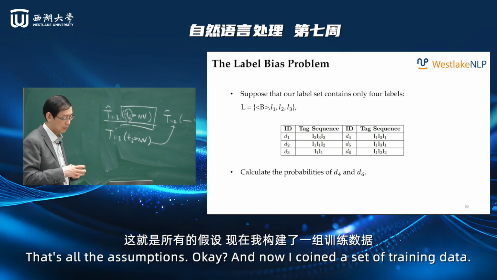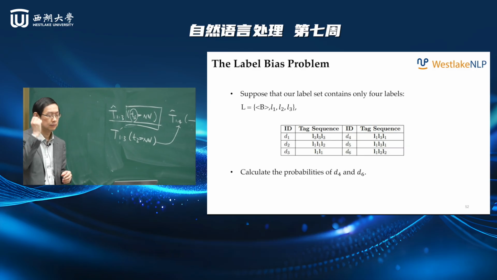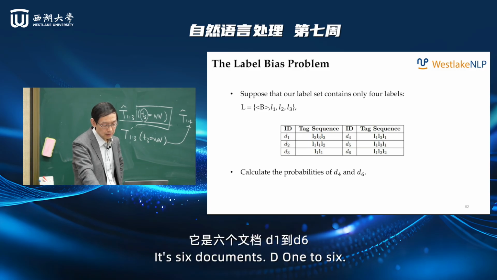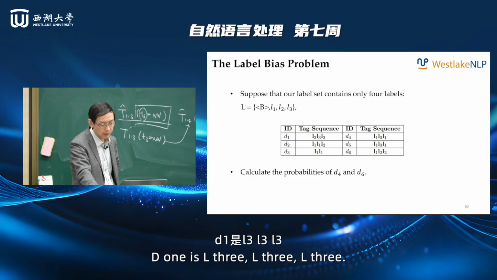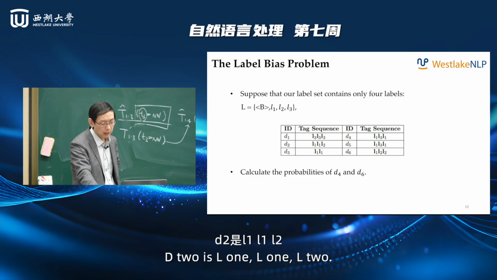And now I coined a set of training data. It's 6 documents, D1 to D6. D1 is L3, L3, L3. D2 is L1, L1, L2.